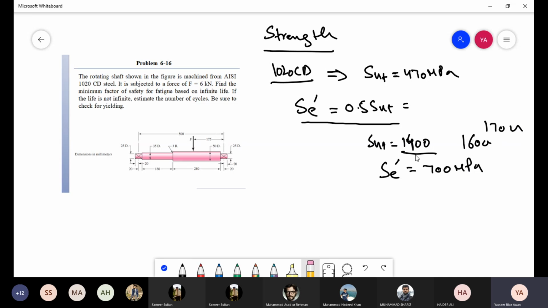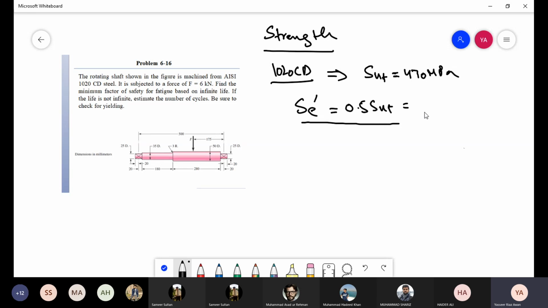So for this case, Se prime comes out to be 235 megapascal, and then there are the factors. This is our estimate for the endurance limit of the rotating beam test specimen.